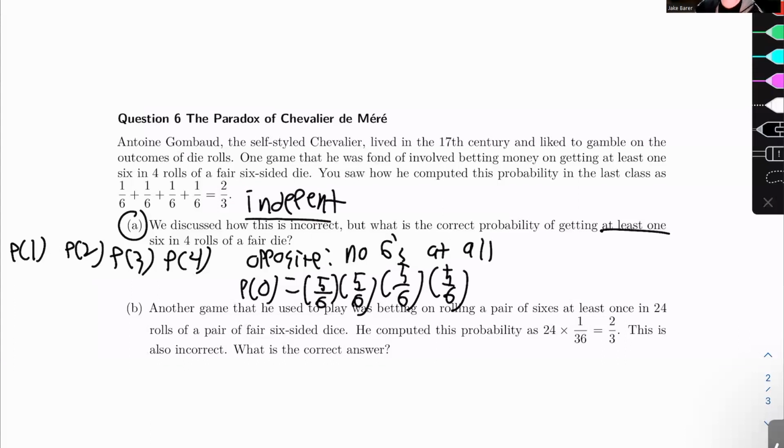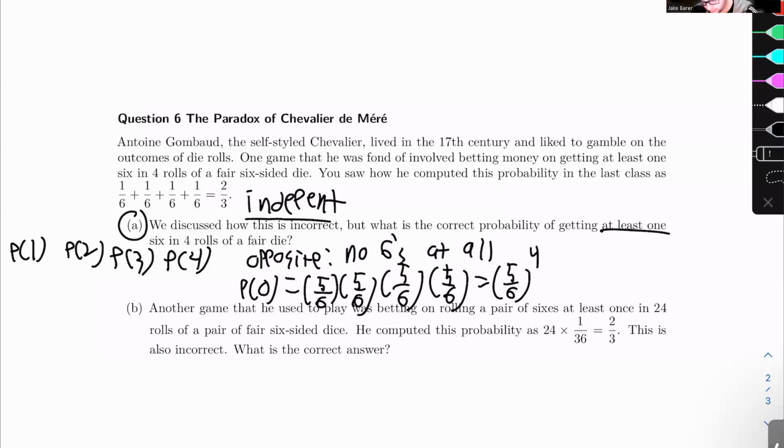So the probability of getting 0 6s in 4 dice rolls is going to be equal to (5/6)^4, because we're just multiplying it by itself 4 different times. So we're doing 4 different dice rolls, and since they're independent, we can multiply those by each other. So this is the probability of getting no 6s at all.